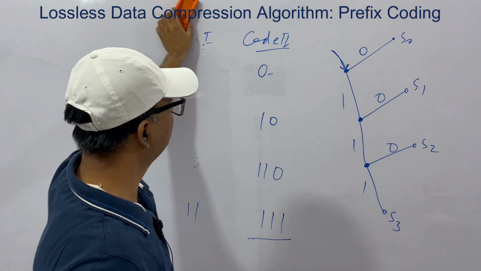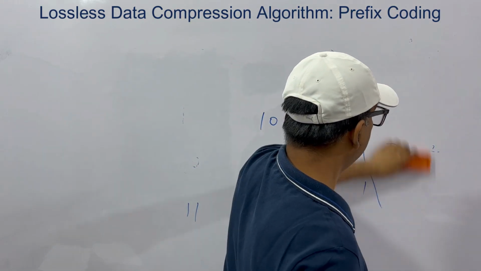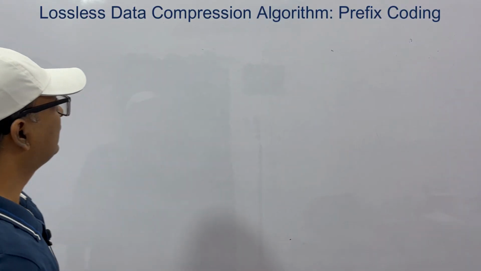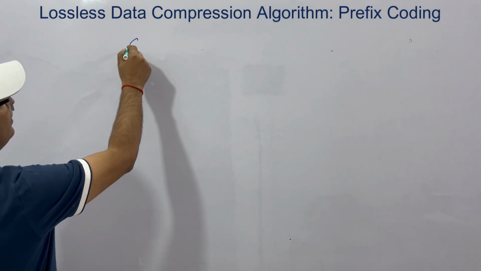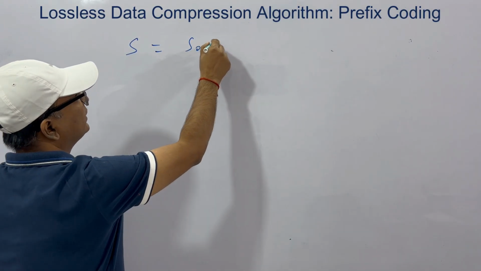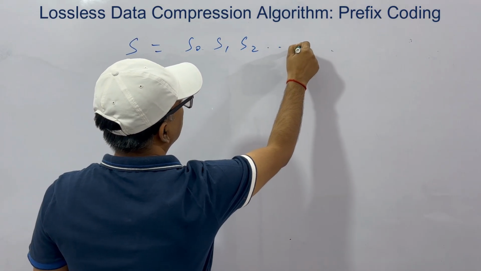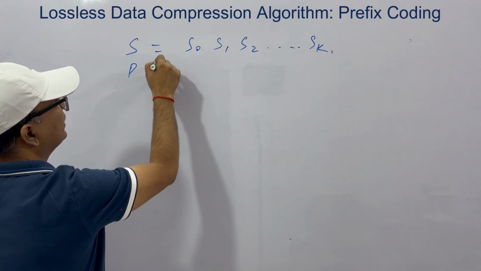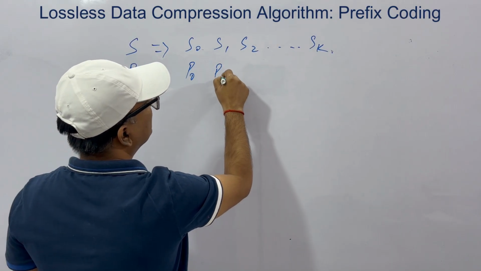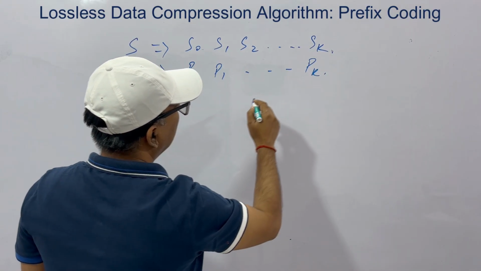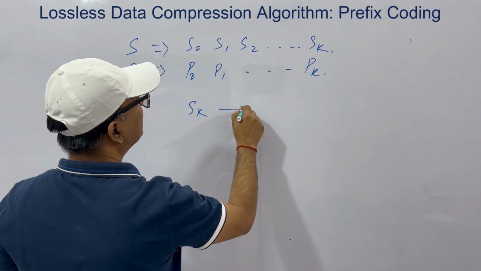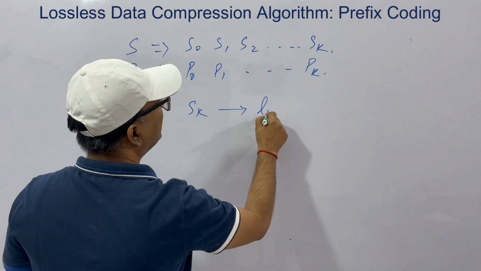Kraft inequality: if we have S as S0, S1, S2 and so on, let's say Sk, and the probabilities associated with them are P0, P1, Pk, and let Sk, the kth symbol, have code word length of Lk.